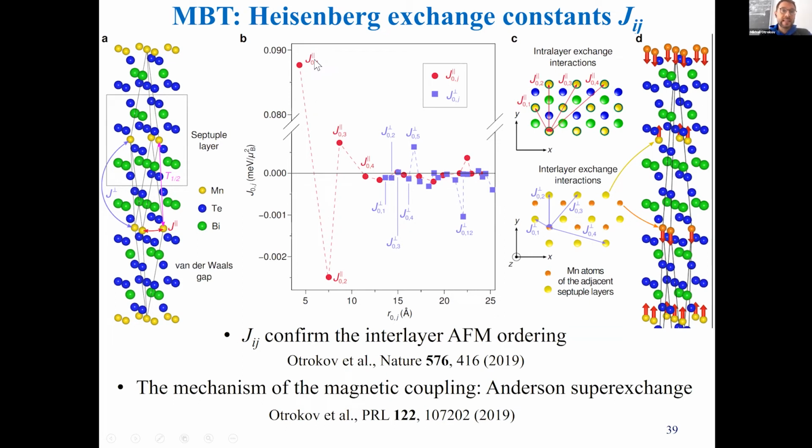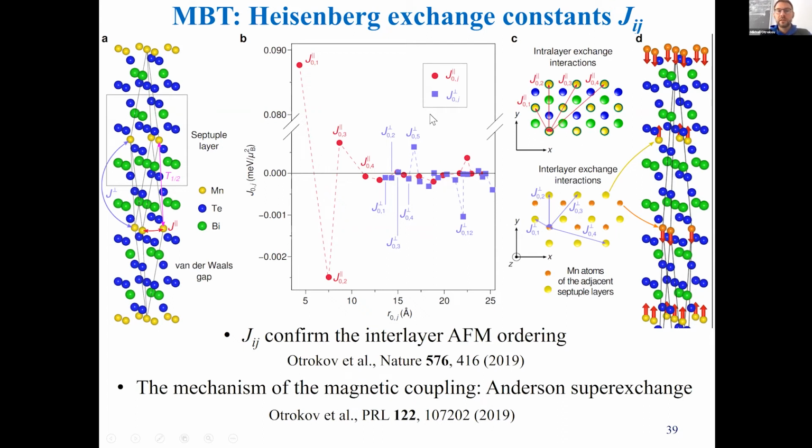For the intralayer exchange coupling, the dominating parameter is J01 parallel, which couples two neighboring magnetic moments. It is positive and dominating, meaning that there is a relatively strong tendency for ferromagnetic ordering within the manganese layer.